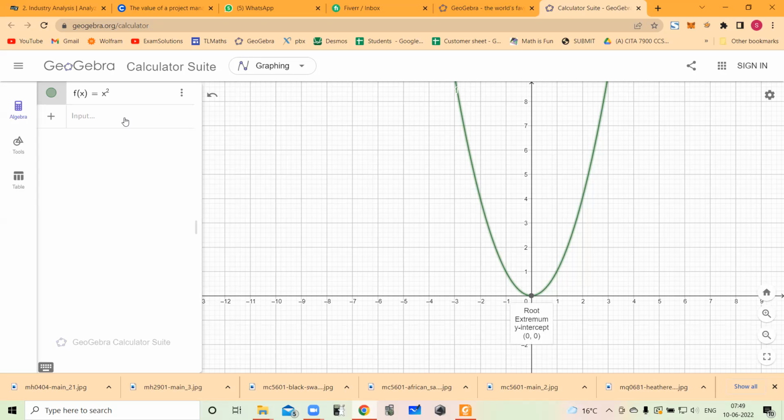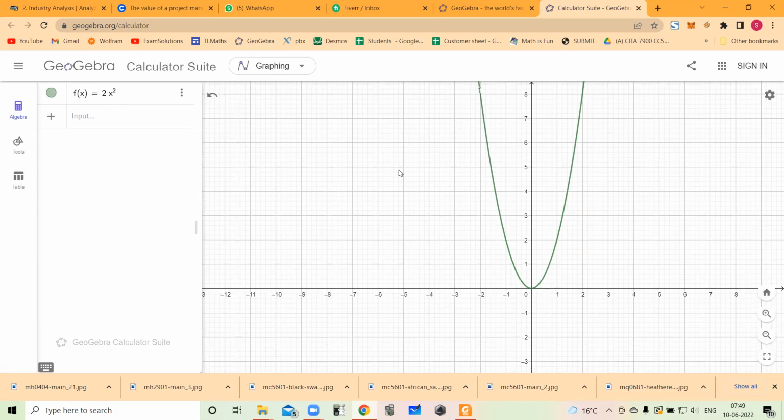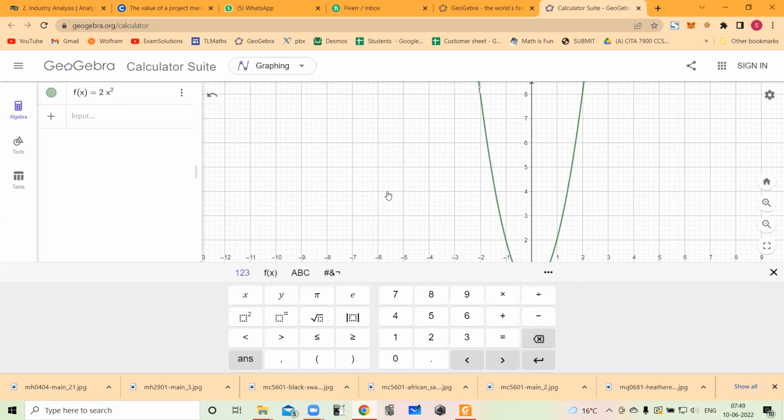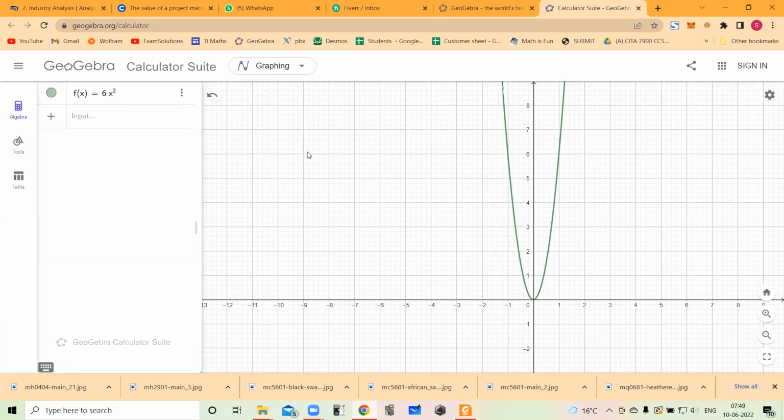Now, I want to increase this A. I want to put it 2. See what will happen to the parabola, whether it'll be contracted or expanded. What happened to this? It expanded. Wait, no, the opposite. Oh, no, contracted.